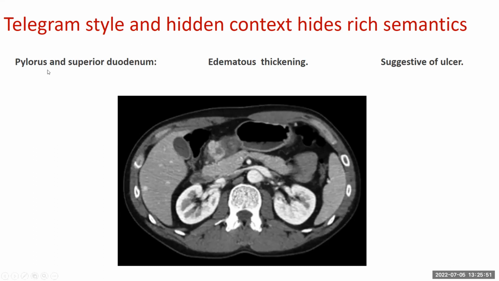So we have here pylorus and superior duodenum, edematous thickening, which a radiologist can identify, meaning that the walls of these segments of the gastrointestinal tract are thick. And then the conclusion suggestive of ulcer. So we have a very, very simple sequence of sentences, and I think for whoever has a certain basic knowledge of medicine, it is really trivial.